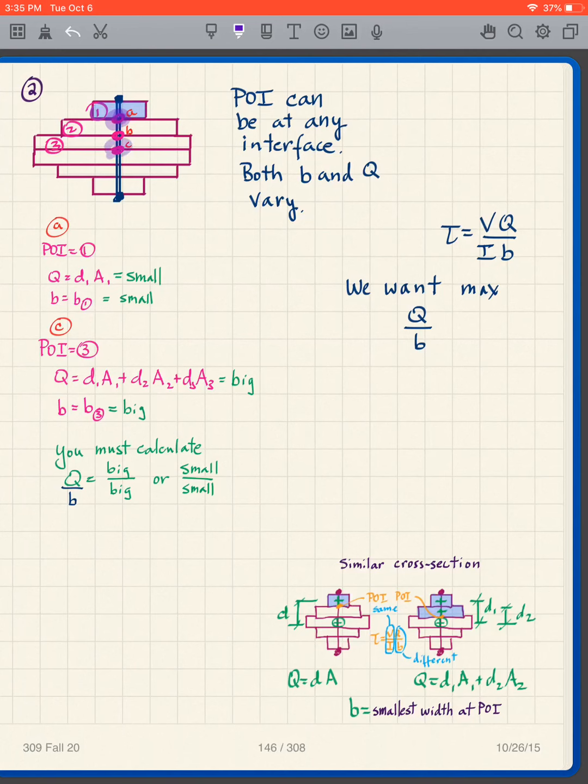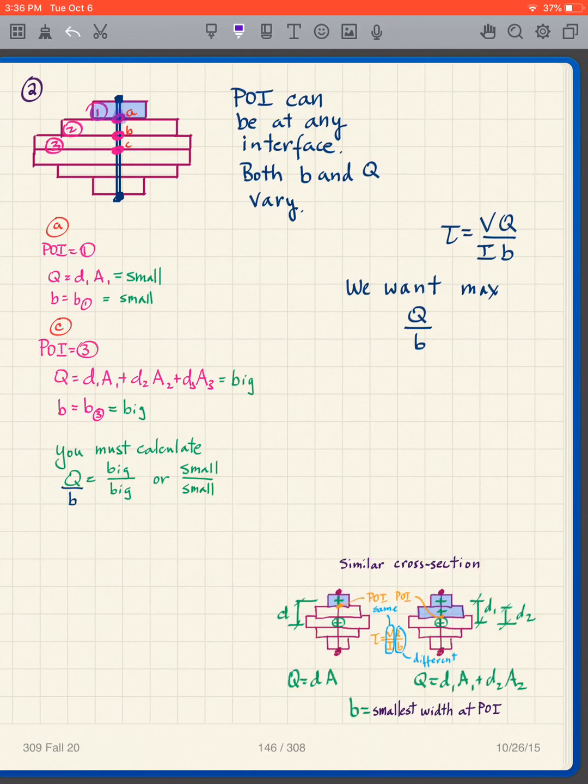Let's check out point C. At point C, the Q is going to be, again, the D1A1 plus D2A2 plus D3A3. The B is going to be B3 because right at that location we have just one width. So let's take a look at what this means in terms of the calculation.